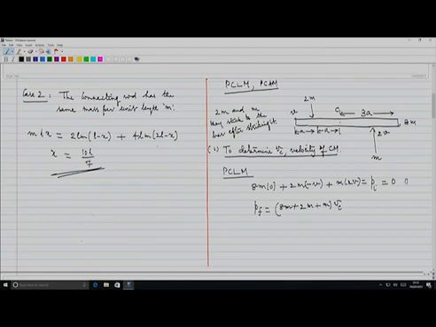So you equate 1 and 2. This implies the velocity of the center of mass is equal to 0. Since there is no translational motion, the system will have only rotational motion.